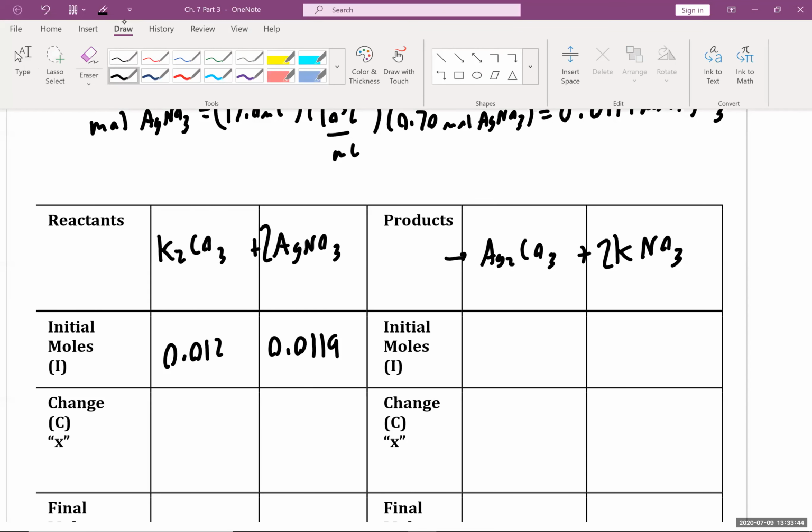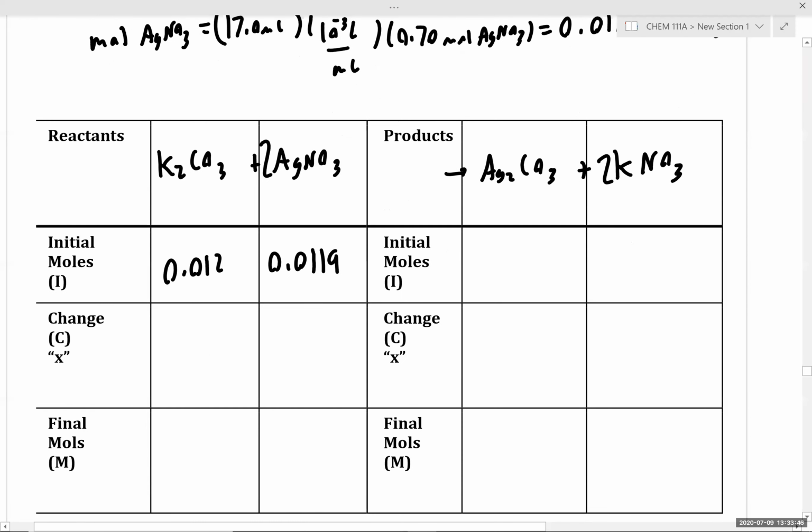Our change coefficient for potassium carbonate will be minus X. What is the change coefficient for silver nitrate? Two, yep, so minus 2X. Silver carbonate is plus X, potassium nitrate is plus 2X.